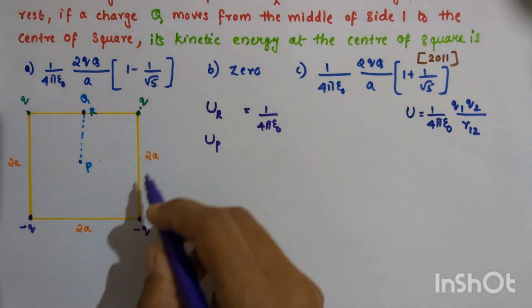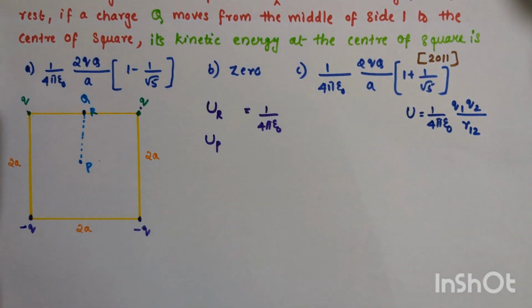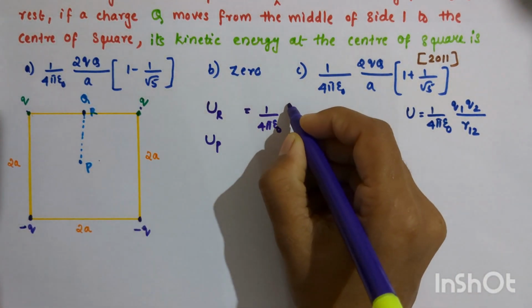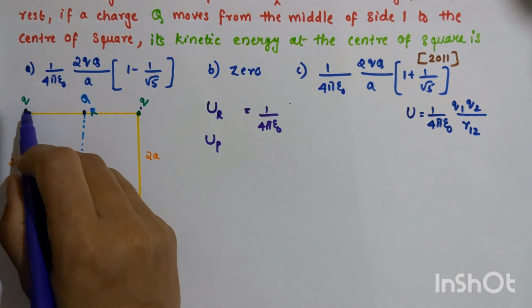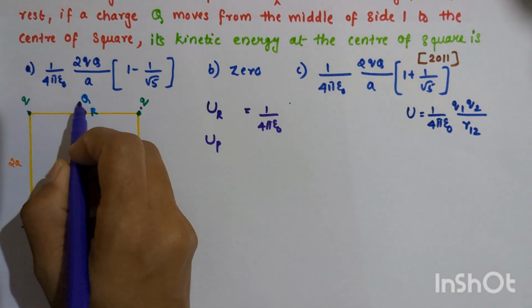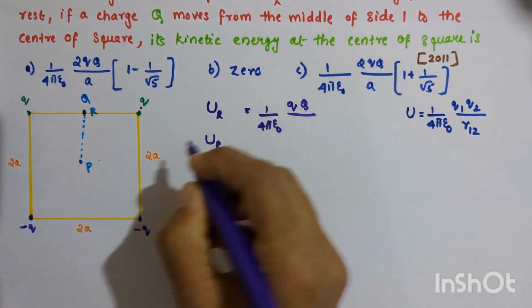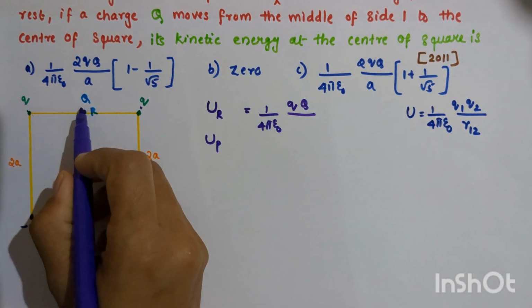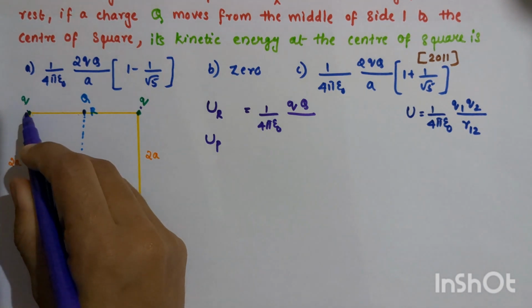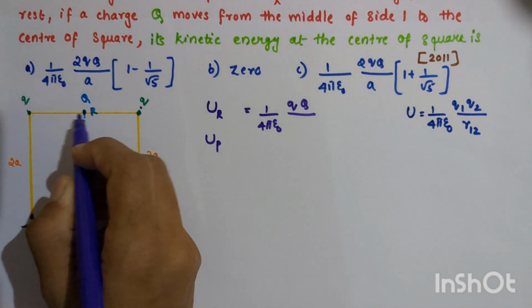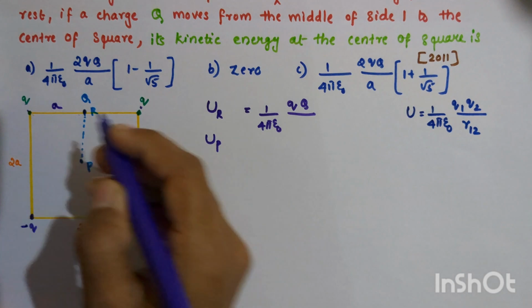So we have to consider the system of all these charges. So we write 1 by 4 pi epsilon 0, and first taking this one, small q into capital Q divided by the distance between them. The whole side is of length 2a, so half will be a.